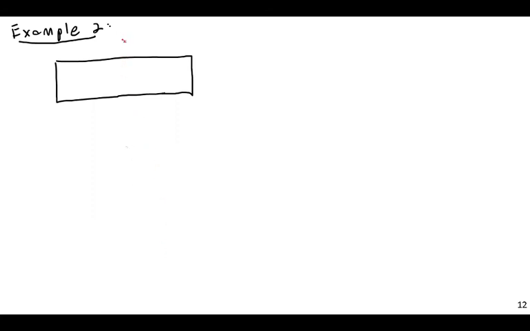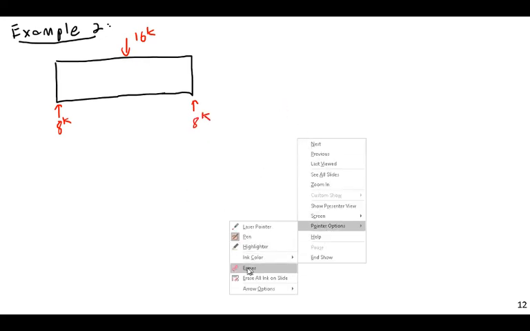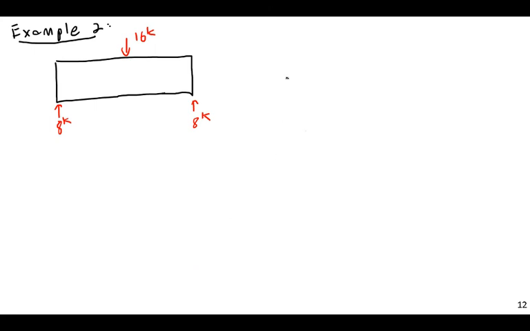So this is just an example of going all the way from beam diagram to stresses. Say I have a reaction of 8 kips here and a reaction of 8 kips here. And this is a rectangular cross-section.